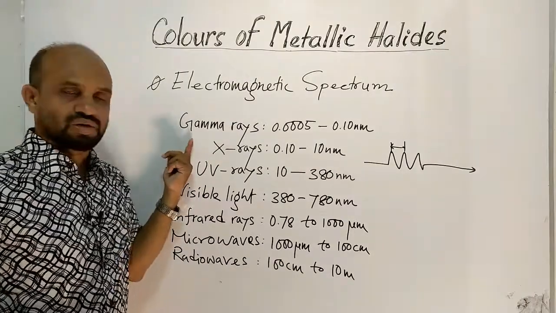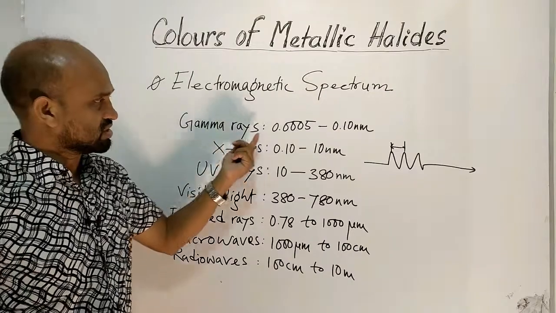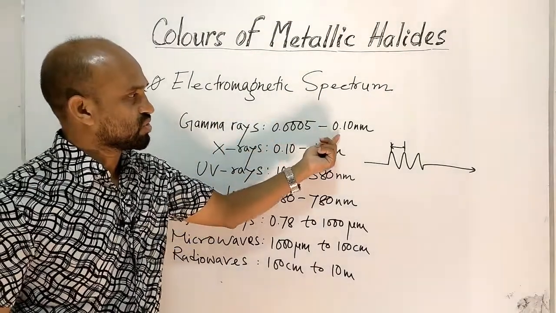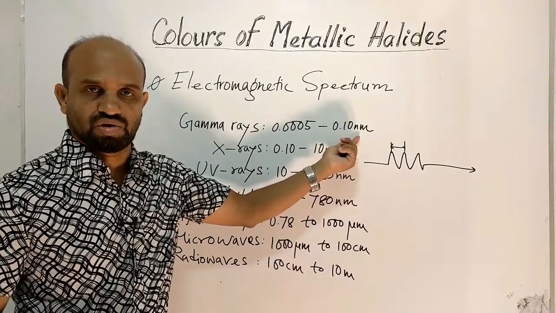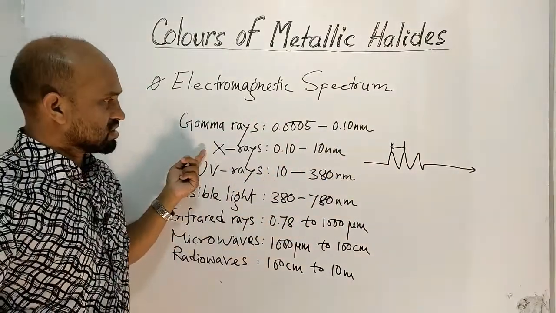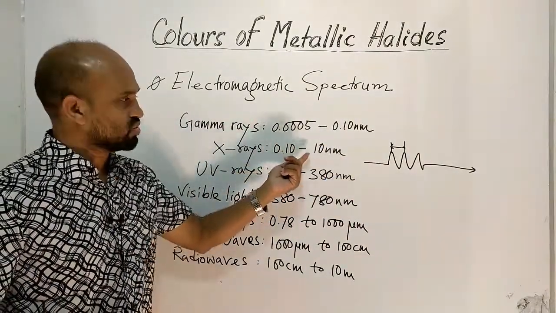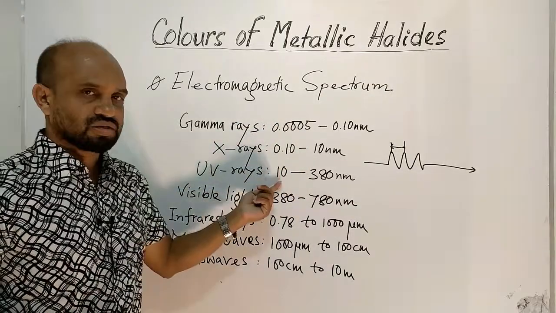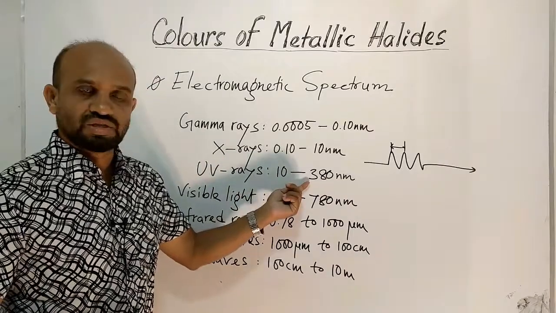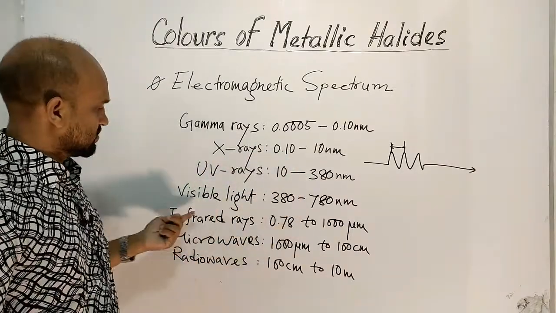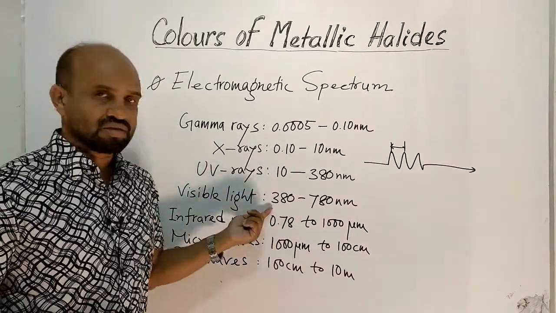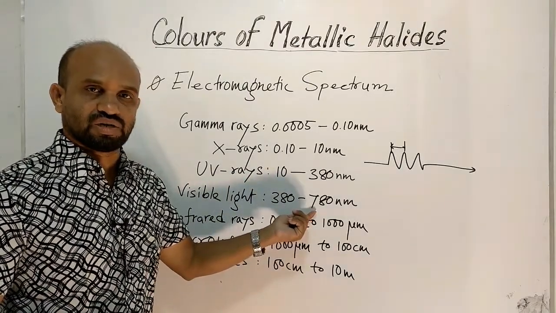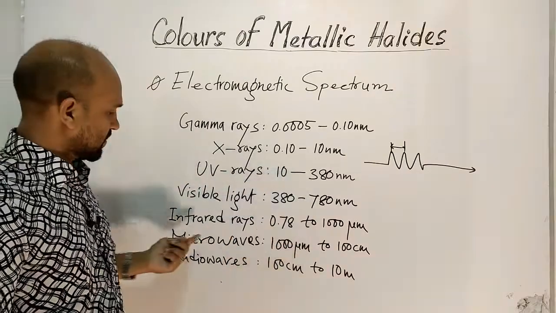For example, gamma rays wavelength is 0.0005 to 0.10 nanometer. X-rays 0.10 to 10 nanometer. UV rays 10 nanometer to 380 nanometer. Visible light 380 nanometer to 780 nanometer approximately.